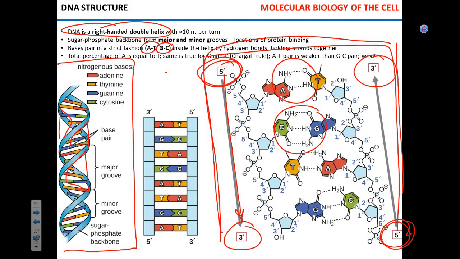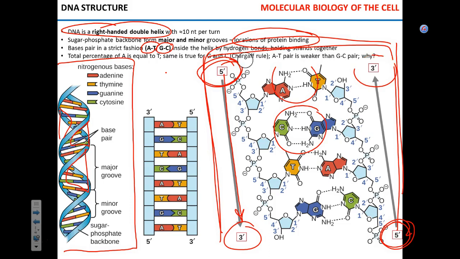Now, these grooves aren't just fancy parts. They are actually sites for the protein binding. A lot of proteins have to bind to DNA for different reasons. Now, they will bind into those grooves. Does that make sense?